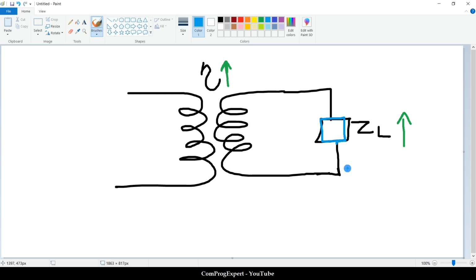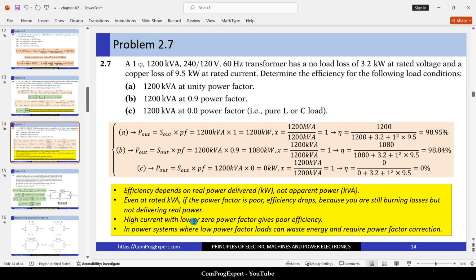So this is why power factor correction is important to increase the overall efficiency of the transformers that we have in a power system. So you can review this problem and also review these important points of this problem.